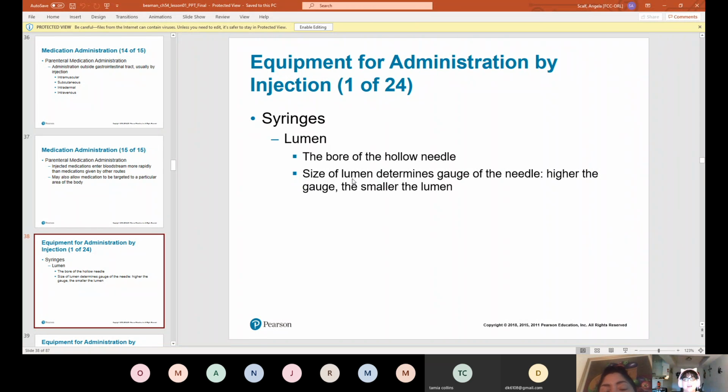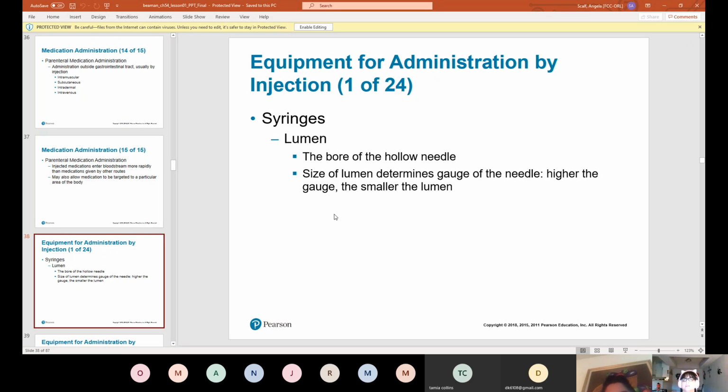So when we're thinking about gauging, just remember it's opposite. As an MA, you're going to be dealing with 22s and 21s. Those are maybe even a little smaller, but those are the common gauges. In emergency medicine, I used to deal with 18 and 16 gauges, at times 14.